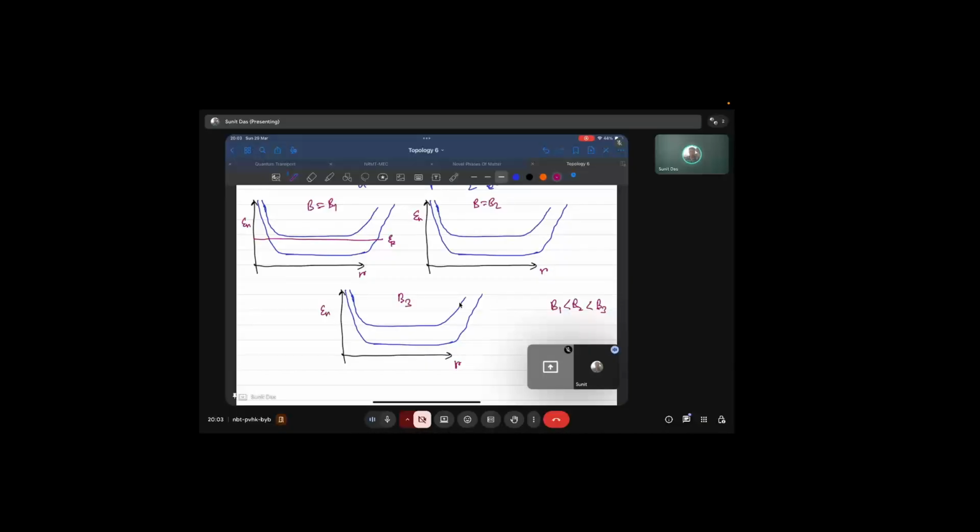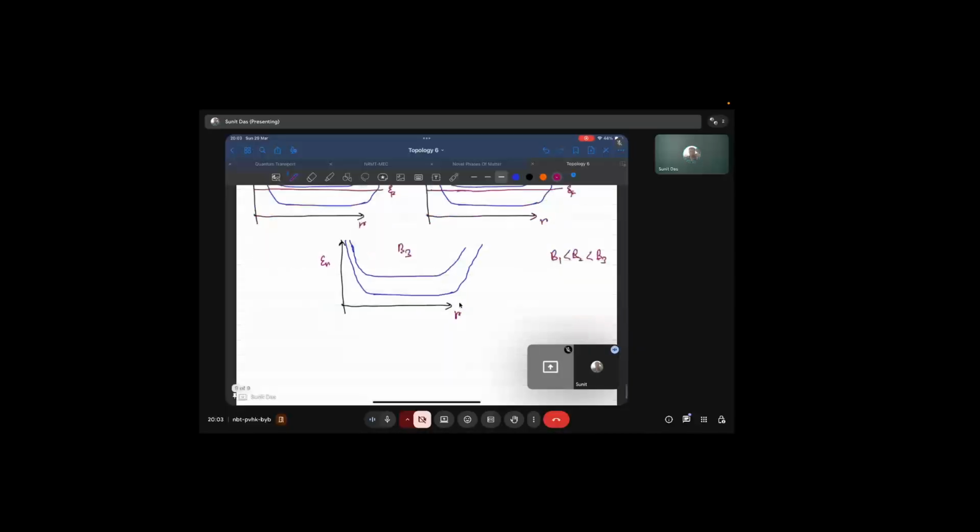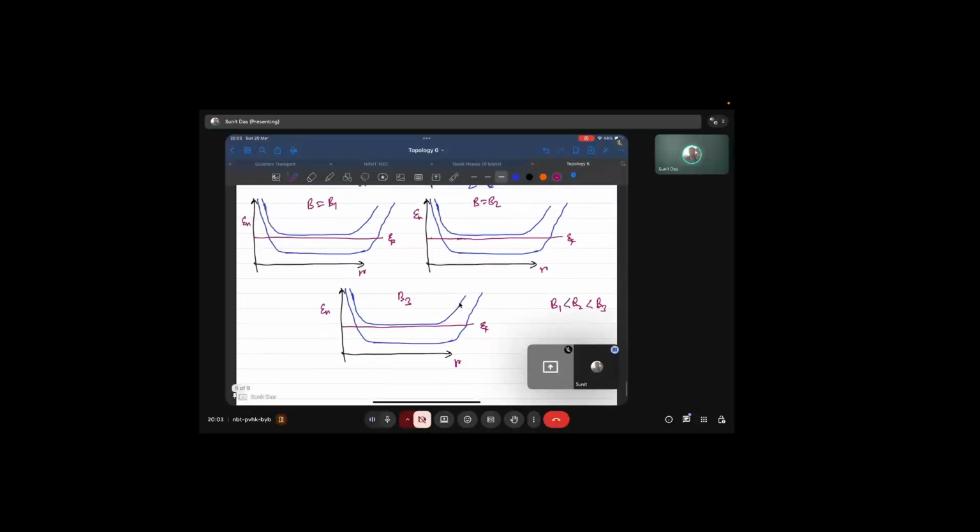So what is really happening when you change the magnetic field is that my Fermi energy stays at the same point, at the same energy, epsilon F, and then again I draw this at the same level, epsilon F. So what is really happening when you increase the magnetic field?